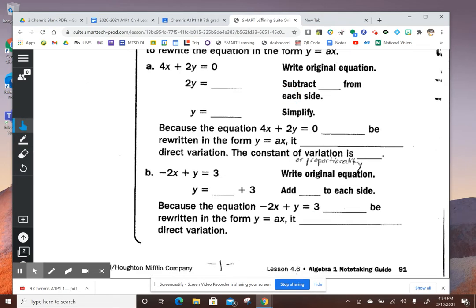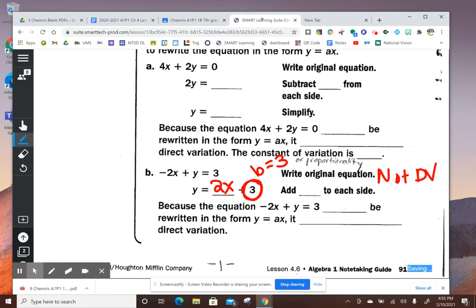Let's look at the next one. Now, the next one, I'm going to add 2x to both sides. And right away, when I add 2x, we see that b equals 3. Well, if b equals 3, then it's not direct variation.